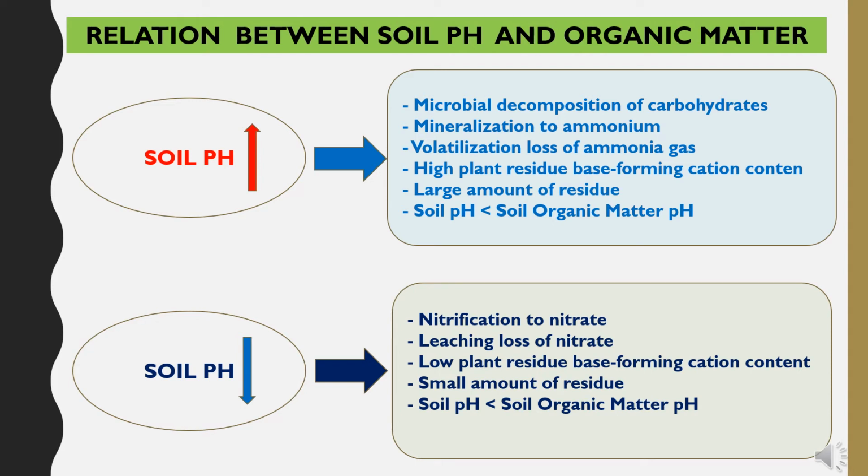There will be a large amount of residues and soil pH will be less than soil organic matter pH. While in case where the soils have low pH, then the process will follow like nitrification to nitrate, then leaching loss of nitrate, low plant residue base forming cation content, a small amount of residue will be there and soil pH will be less than soil organic matter pH.